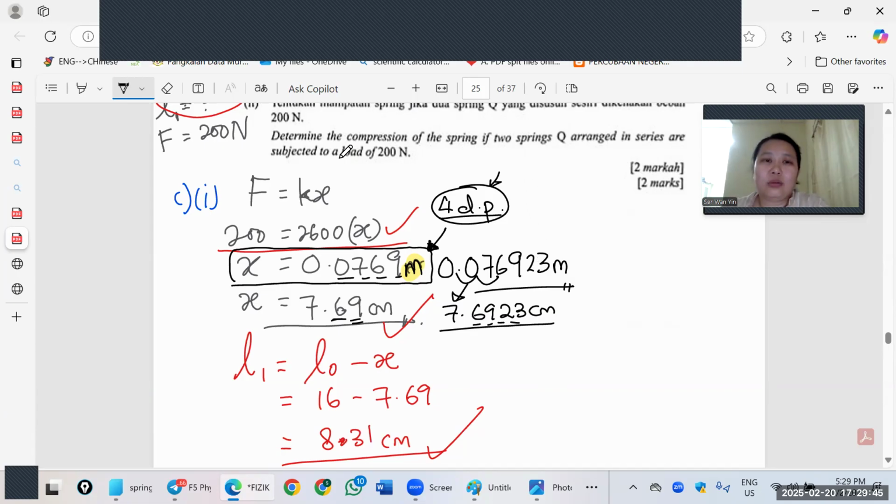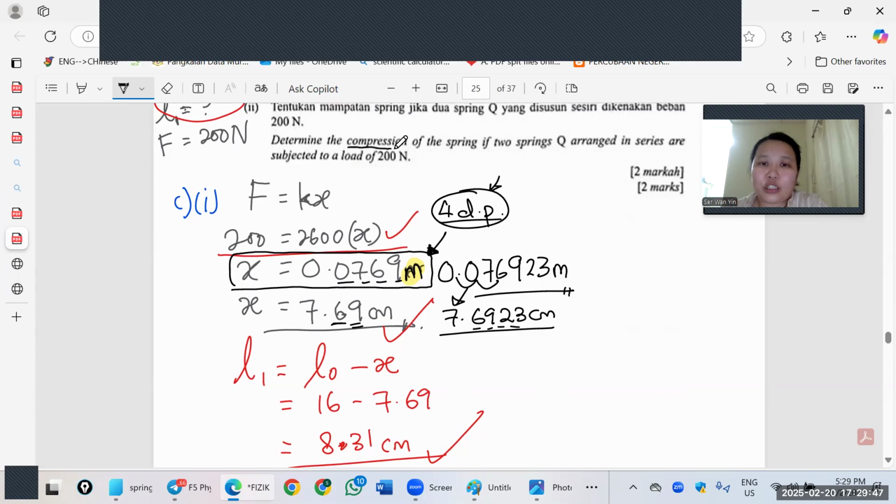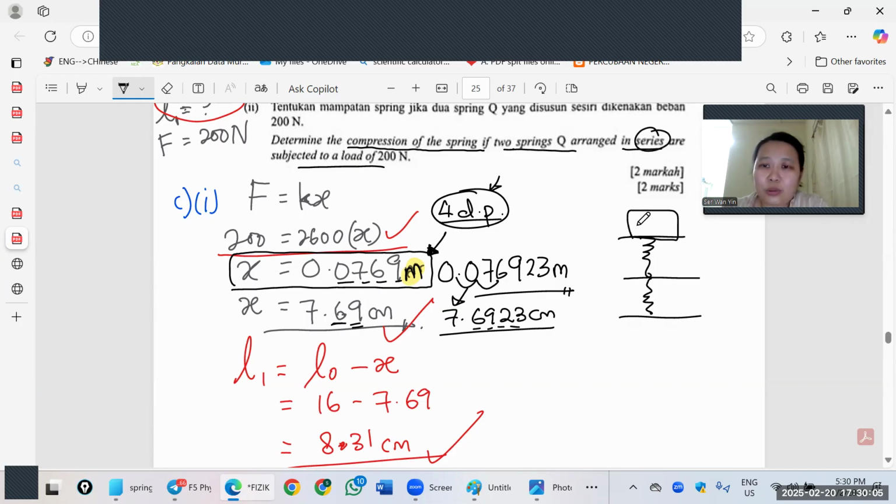Okay, so now determine the compression of the spring if 2 springs Q are arranged in series and are subjected to the load of 200 Newton. So now it's like this, 2 Q in series. Then you put 200 Newton on top.